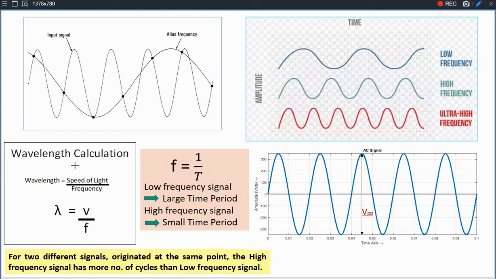Now one more formula that you have to keep in mind, we can use it afterwards: the formula of wavelength.